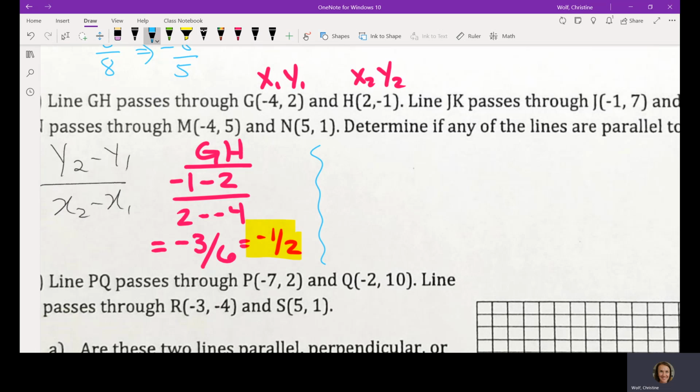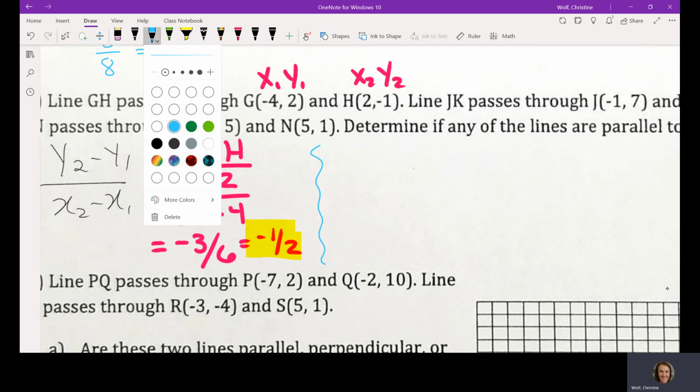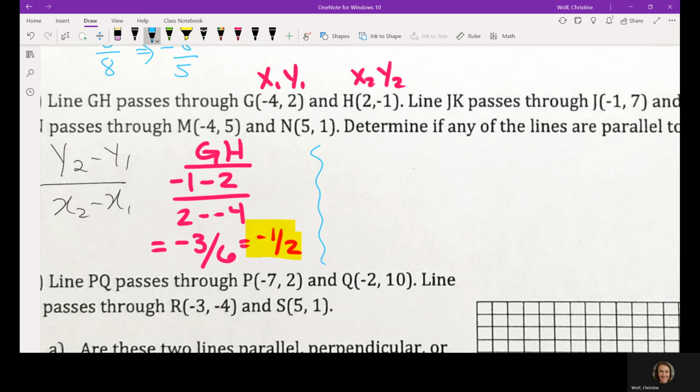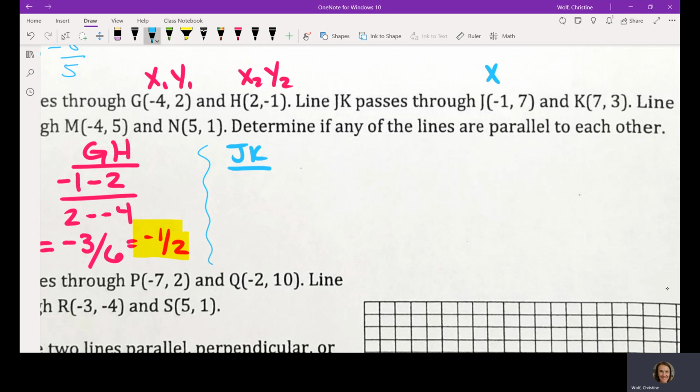Now I'm going to do the same for my next set of points, and that's JK. Okay, so here are my points J and K. So that's my x1, y1, that's my x2, y2, right there. And we plug in as per the formula says.